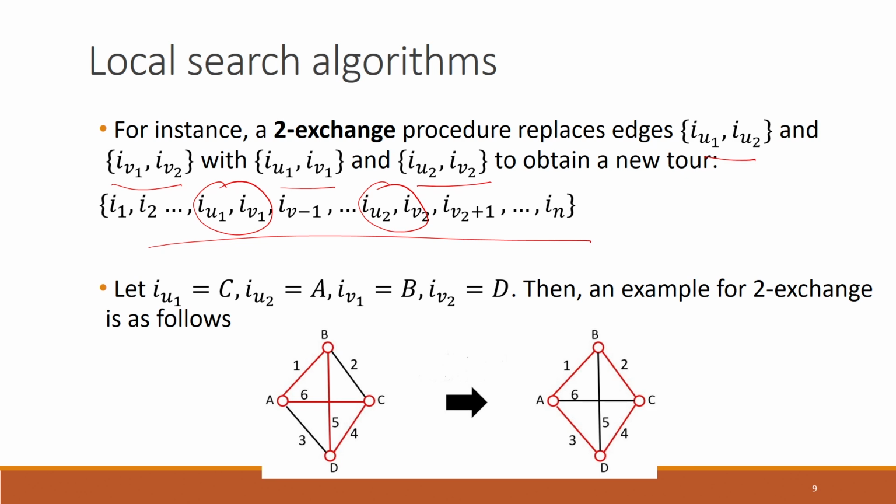Let IU1 be node C, IU2 be node A, IV1 be node B, and IV2 be node D. Currently A and C are connected to each other, and B and D are connected to each other. So we do a swap: we now connect A to D and B to C. This is an example of a two exchange. This is what we finally get: instead of AC and BD, we have now replaced them with AD and BC.